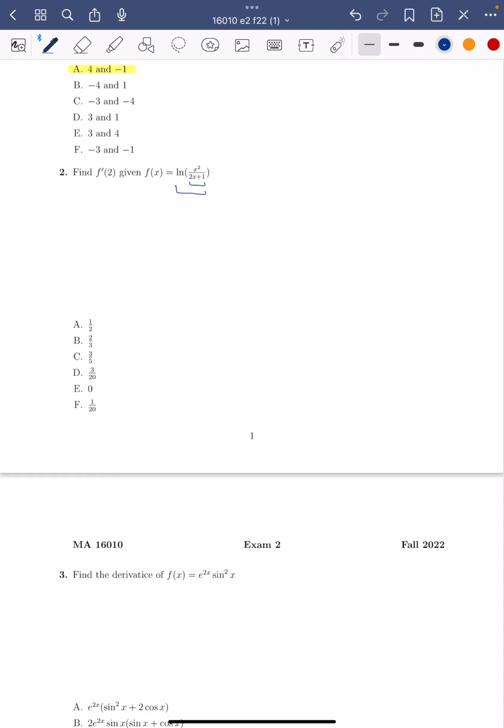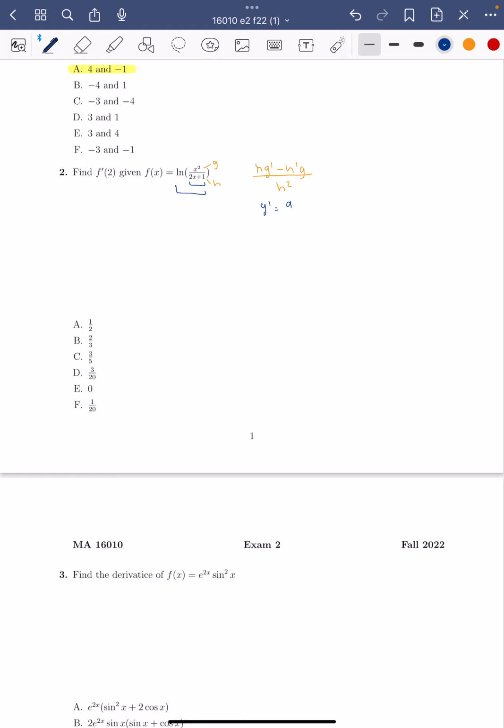When we do chain rule, I like to start from the inside and go outside. So let's start with the inside stuff first. So let's go ahead and label the numerator g and the denominator h. As a reminder, quotient rule is h times g prime minus h prime times g over h squared. Now, we can go ahead and find g prime and h prime.